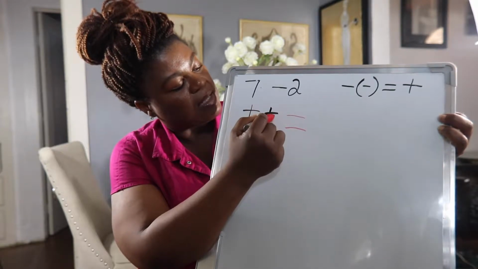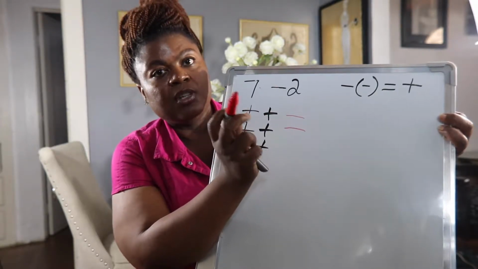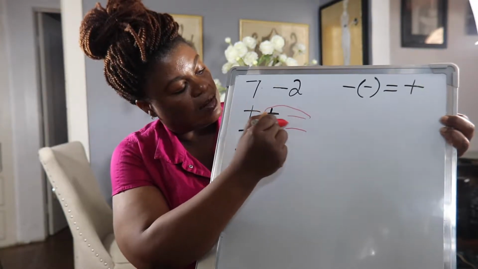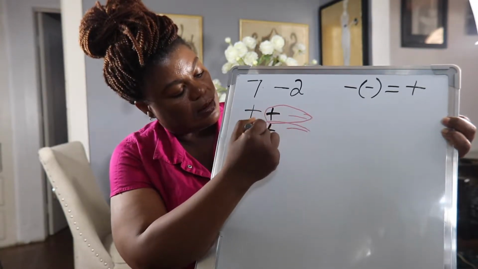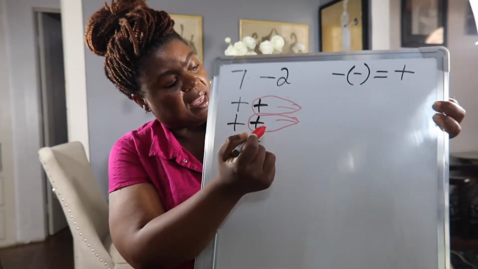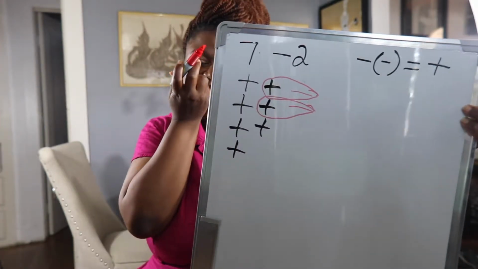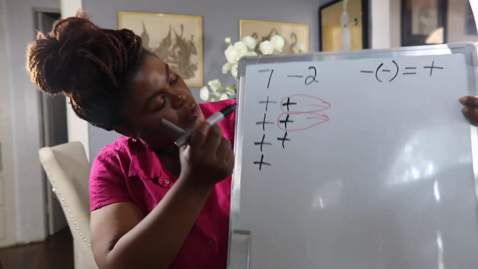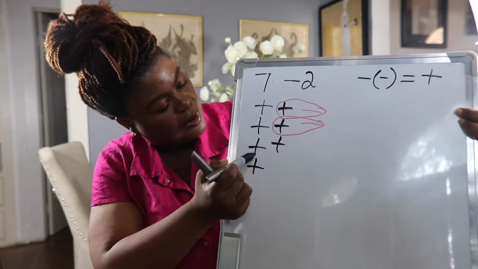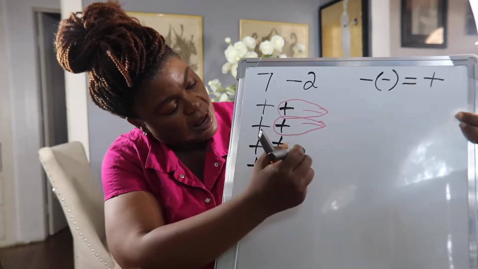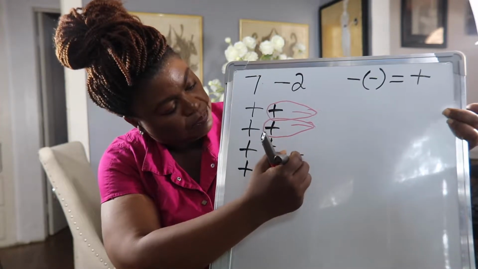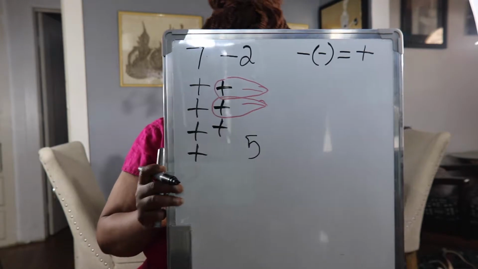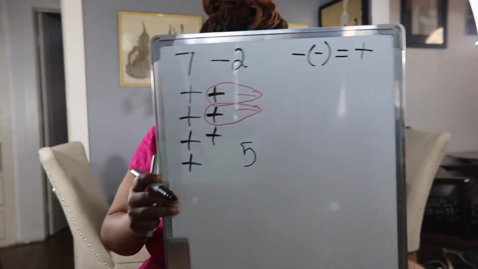Whenever you have a positive sign and a negative sign, together they make a 0 pair. So there's a 0 pair, there's a 0 pair, and then we count to see what we have left. We have 1, 2, 3, 4, 5, and they're positives. So our answer would be positive 5. Okay? Let's do another problem.